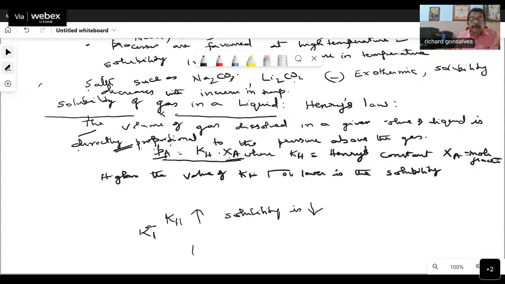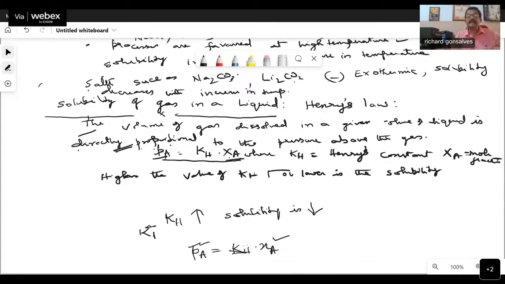This is my Henry's equation: PA = KH XA. If the pressure is more, XA is more, provided KH is a constant. If KH is more, automatically XA becomes less. The product of these two should be equal to PA. Therefore, if KH is more, XA is less. The XA tells about the solubility.